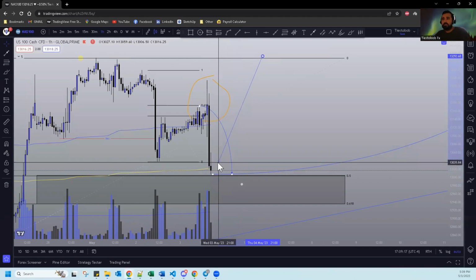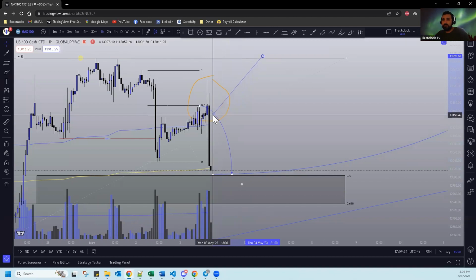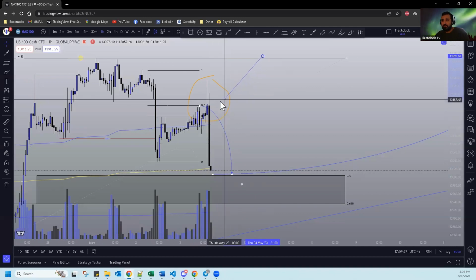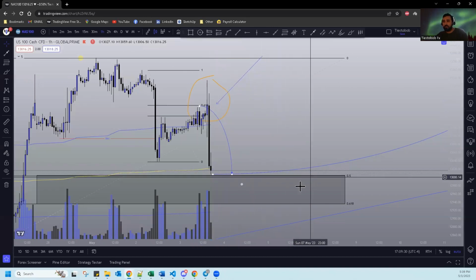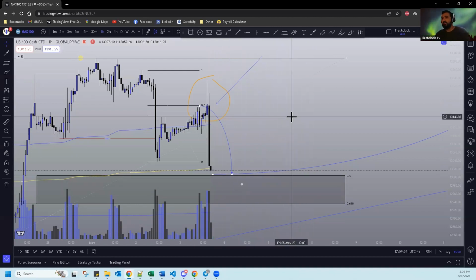This tells us that it wasn't necessarily volume that pushed price into this area. Whenever you have anomalies like this, large candles with small volume relative to previous candles, it tells you there's some sort of manipulation going on, and that's what you have to be careful about.